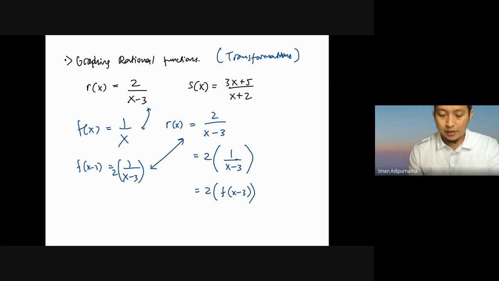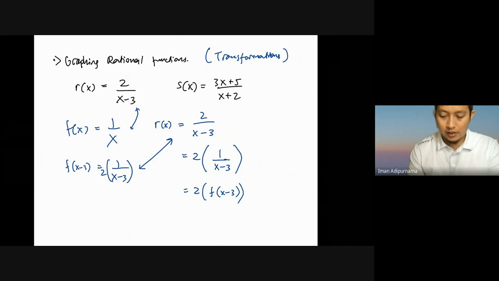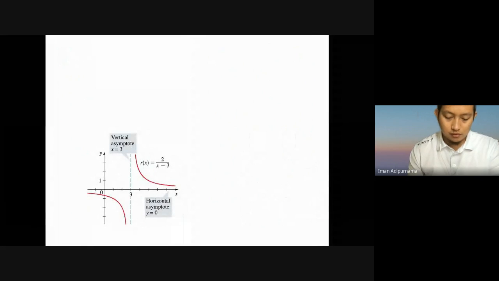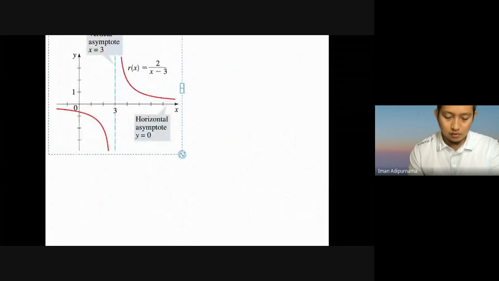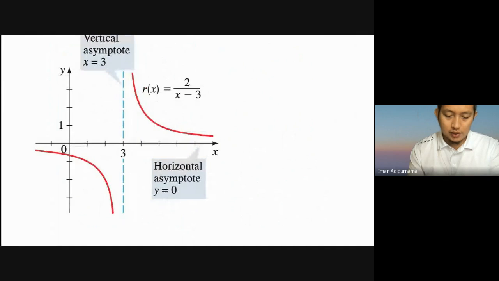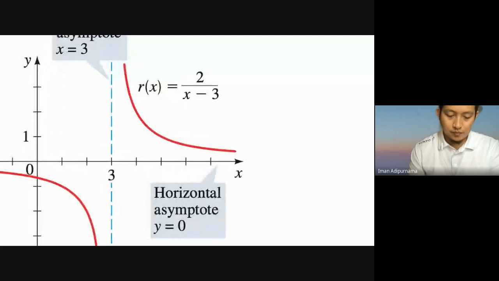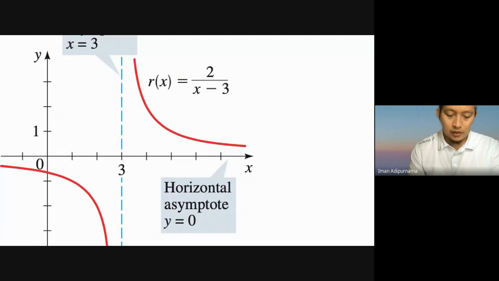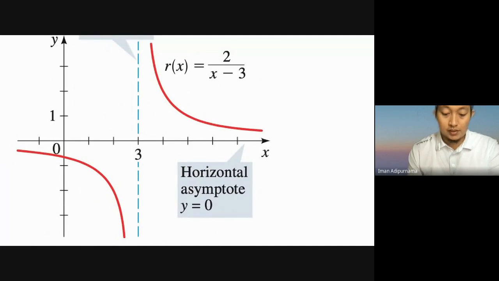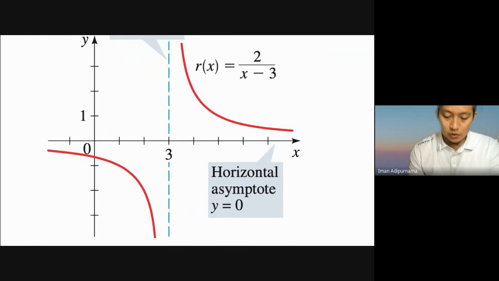Okay, now the graph. If we try to graph, we can look at this one. We have the red curve here, which is actually similar to our 1 over x. 1 over x we have initially here, and then we are moving that to the right 3 units.